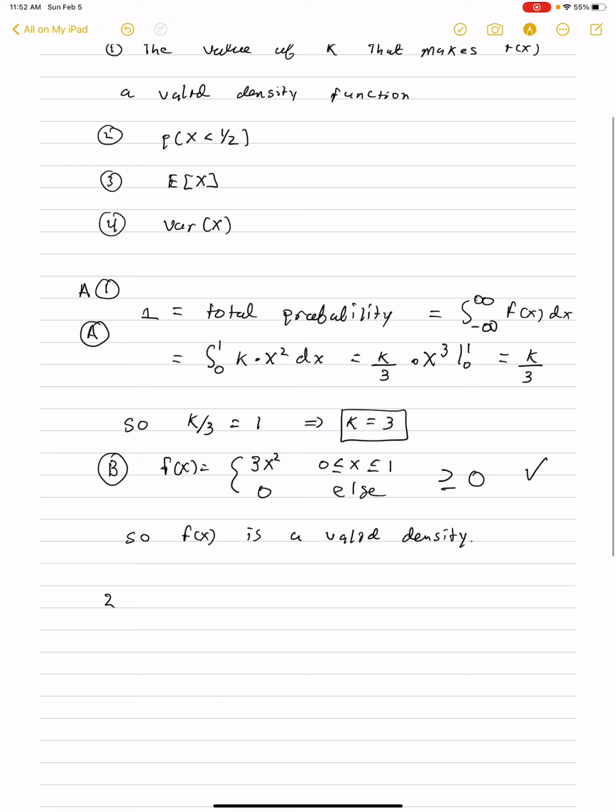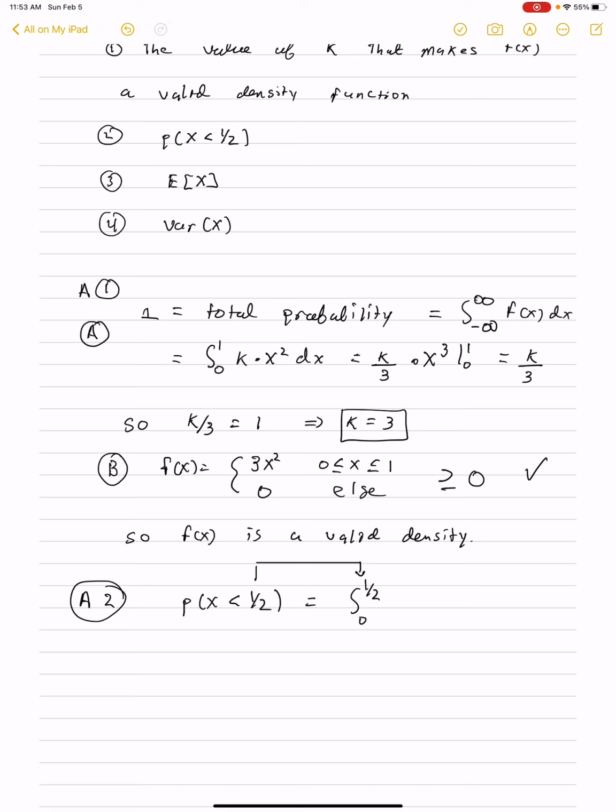Our second question here, A2, is to calculate the probability x is less than 1/2. This is equal to the integral from 0 to 1/2, so that limit goes right there. We could have put minus infinity, but the density function is only non-zero from 0 to 1.